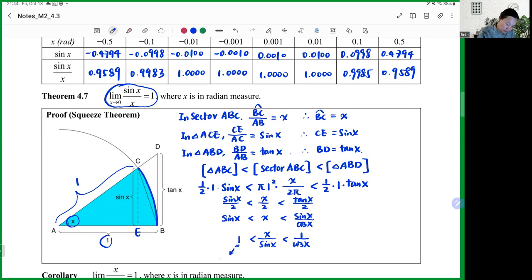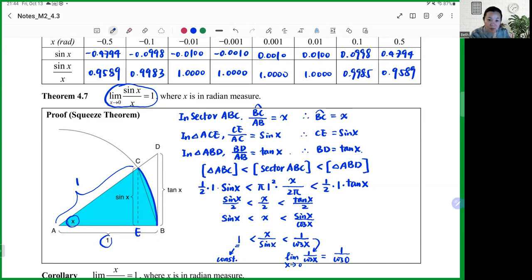A constant. This one, the limit when x is very small of cosine. It's a trigonometric function, but also a continuous function, where x equals 0 can be just substituted into this function.